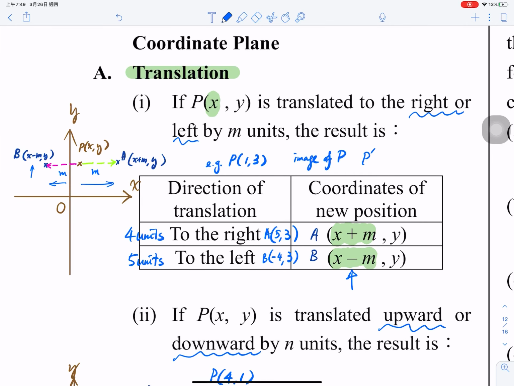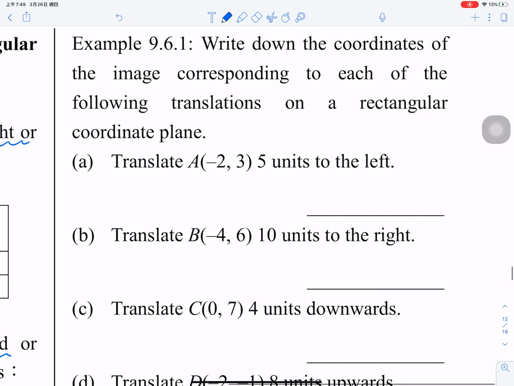Okay, let's see an example. 9.6.1. Write down the coordinates of the image corresponding to each of the following translation on a rectangular coordinate plane. So, this time we translate. Let's see. Translate A 5 units to the left.